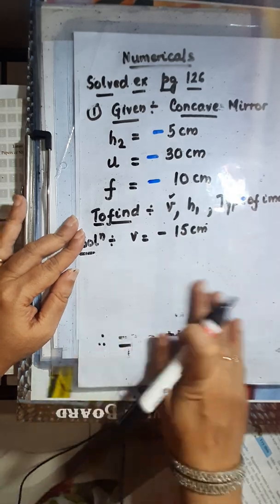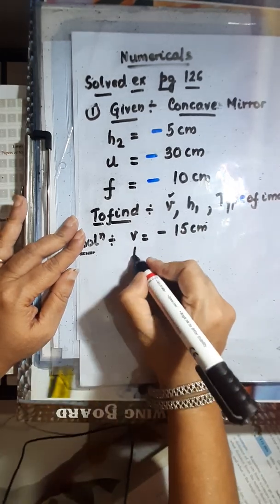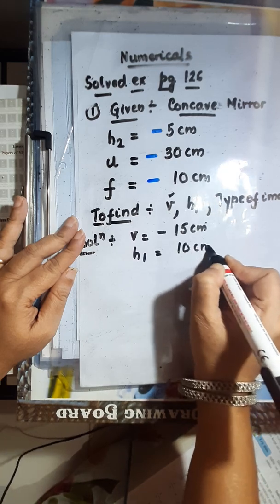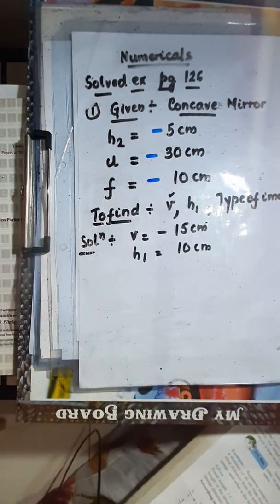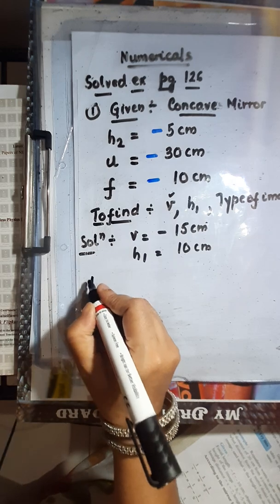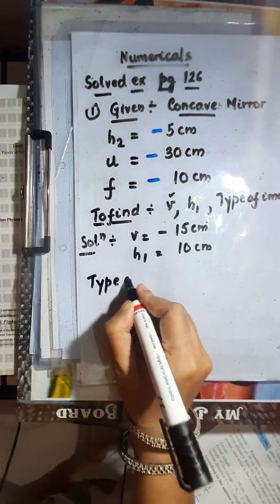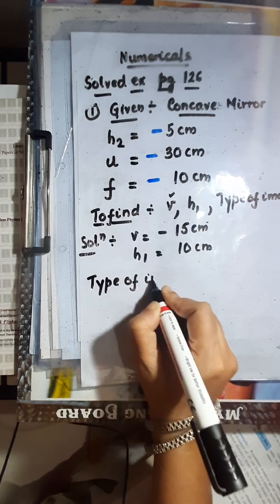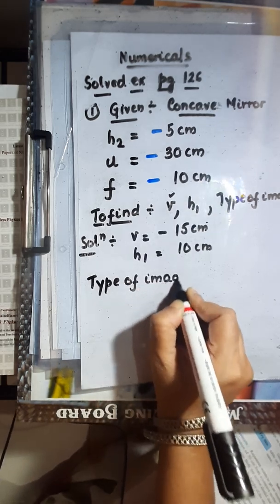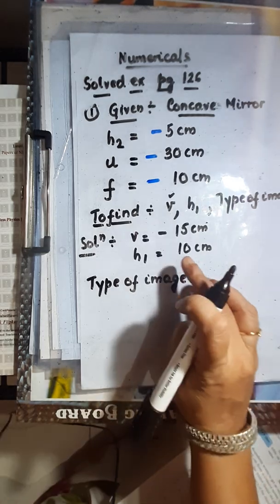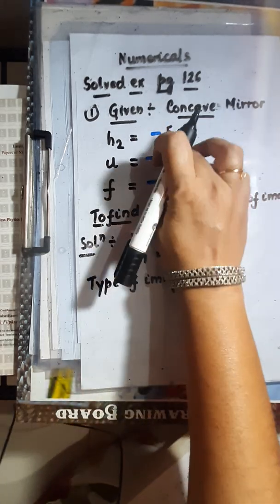Now very important, H1 equals 10 centimeter. Now I have to write the type of image, correct? H1 is 10 and H2 is minus 5.